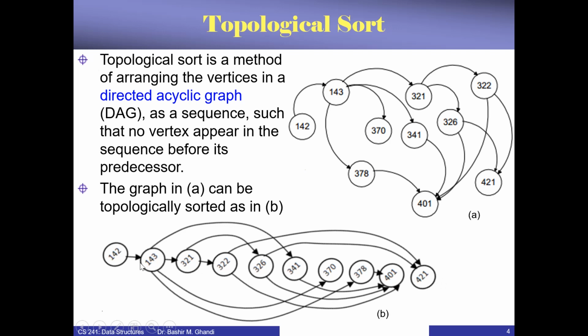Okay, now what you can observe in this resulting graph is that all the arrows are going forward. No arrow is coming back. So that is an indication that the prerequisite or the predecessor vertices are always to the left, and their succeeding vertices will be to the right. Okay, you can see here no arrow is coming back.